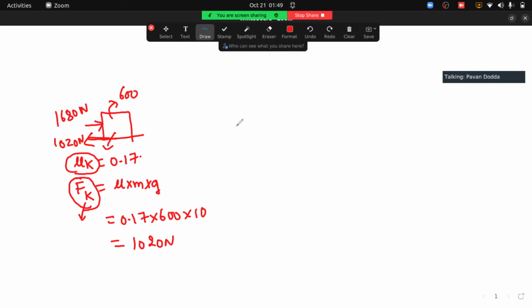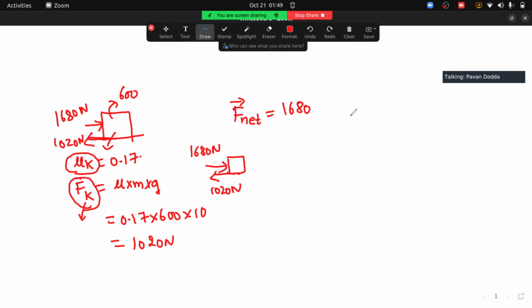Now what's the net force acting on the block? On the block, 1680 newton is applied by an external force, but frictional force is also acting on the block towards left with 1020 newton, and these two are acting in opposite directions.